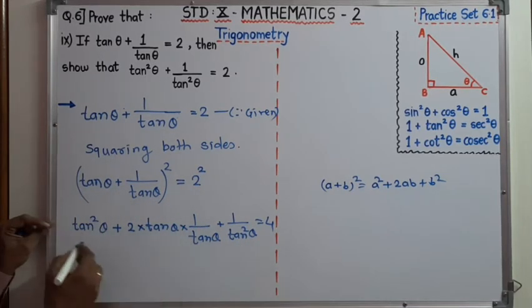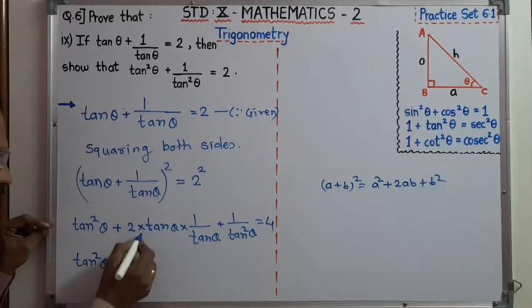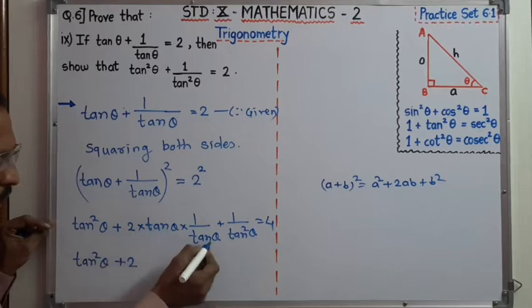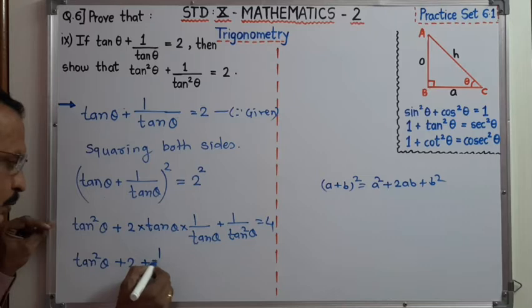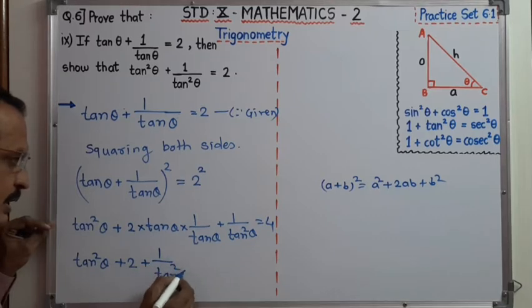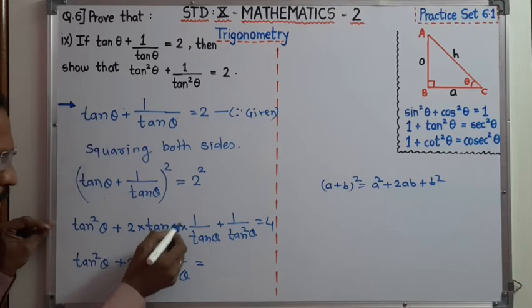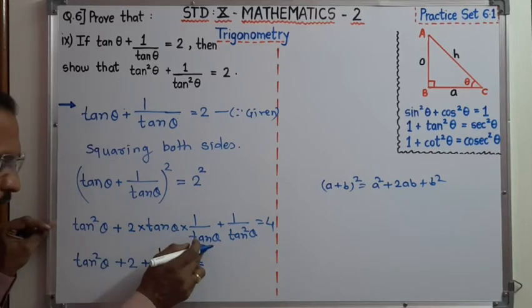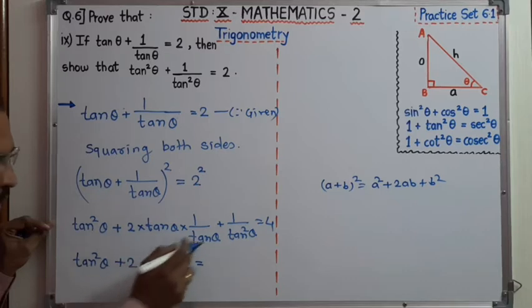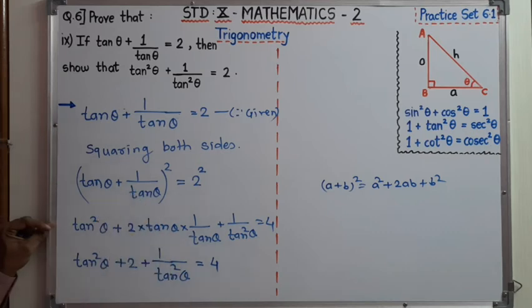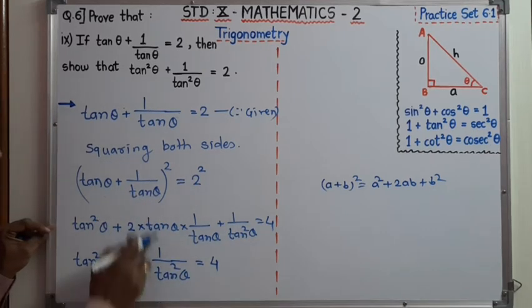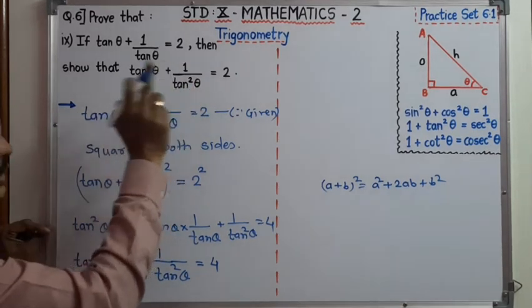Now, dear students, see here what we get: tan square theta plus 2 into, see, this tan theta and this tan theta get cancelled. Therefore, it will remain 2, plus 1 upon tan square theta is equal to 4. Only this 2 and this 1 upon tan square theta remain as it is. Now, dear student, we require tan square theta plus 1 upon tan square theta.